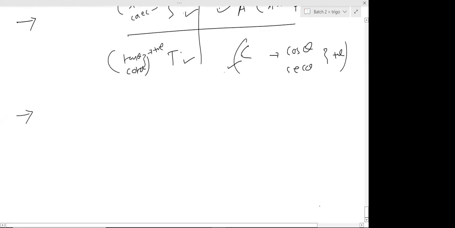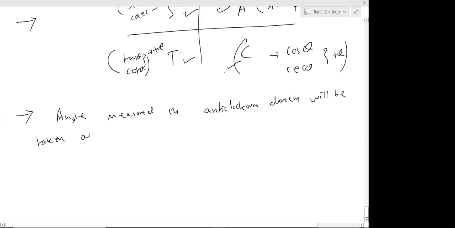moving on. Write down: angle measured in anti-clockwise direction will be taken as positive.